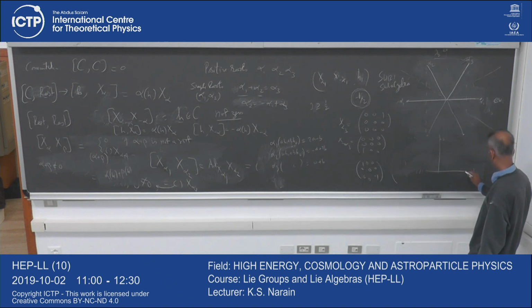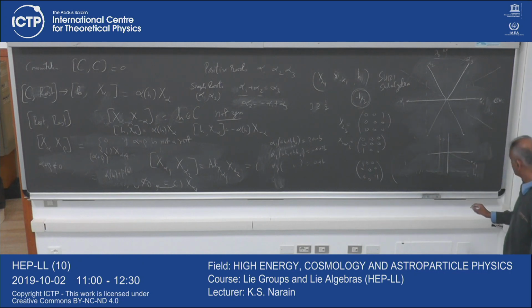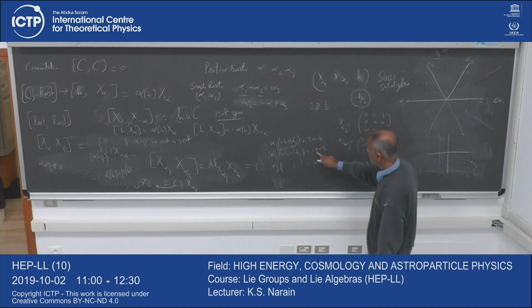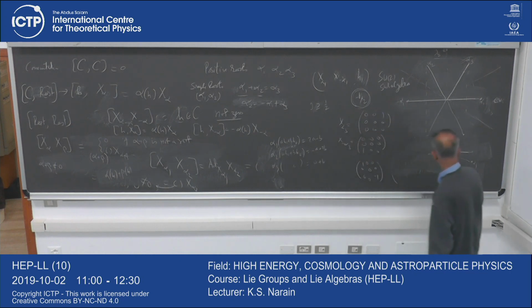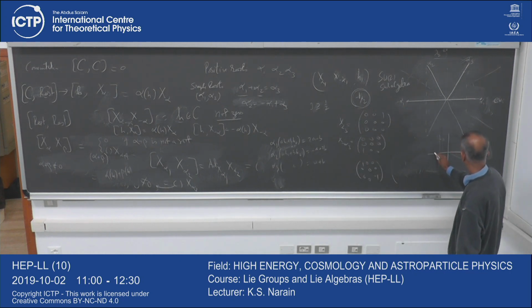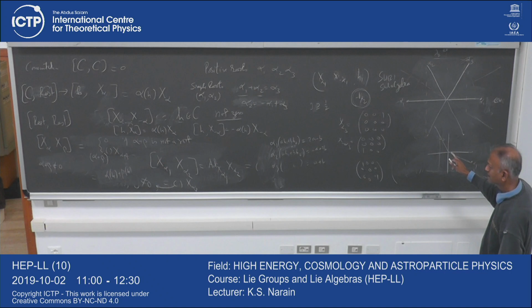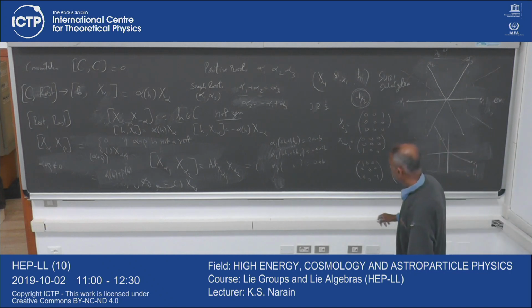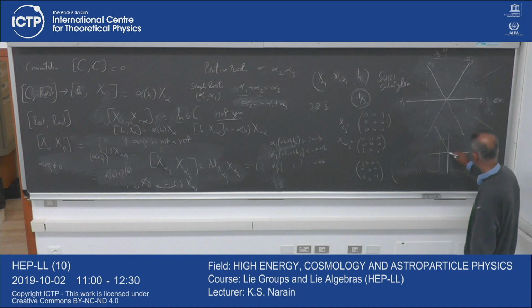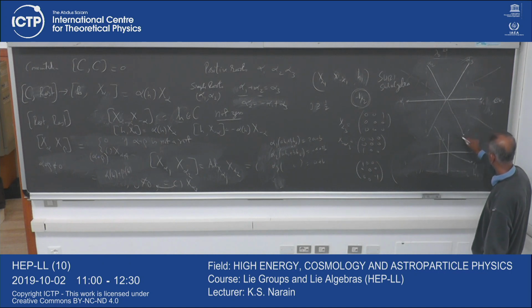So this point will be somewhere down here, 2 units and minus 1 unit. This will be alpha 1. Alpha 2 will be minus 1 and 2, so it comes here, minus 1 unit and then 2 units up. And the third one is A plus B, so 1, 1. So it is somewhere here.